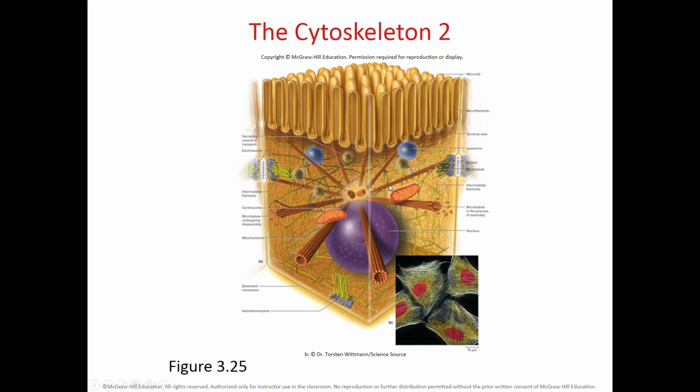And then these intermediate filaments that are made out of keratin. And then you can see here in these cells, which are more than likely fibroblasts, you can see the nucleus and then these filaments of proteins inside the cells, the cytoskeleton, that are stained with yellow color.